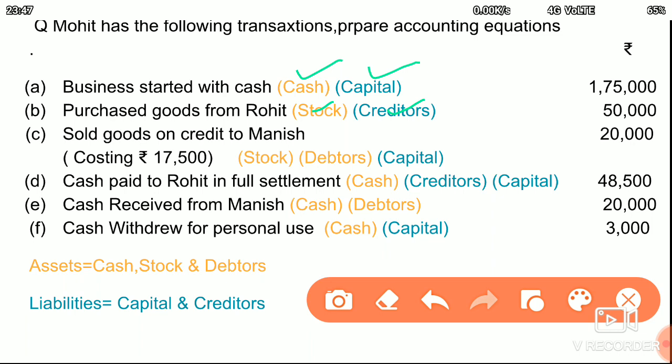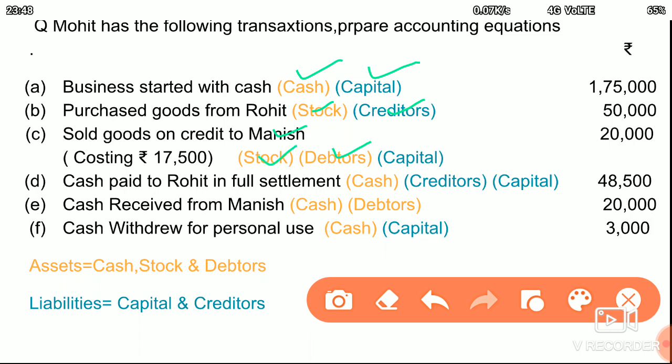Then number C, sold goods on credit to Manish. Now this transaction also is a credit transaction, but here Manish has bought goods from the business. So Manish is a debtor because he did not pay the amount for the purchases he has made from the business. So the debtors account will be affected, and goods were sold. So in that case, goods are going out from the business.